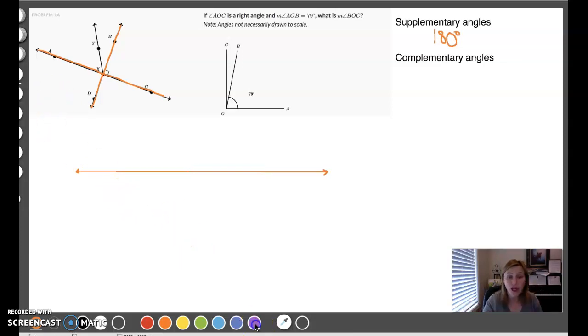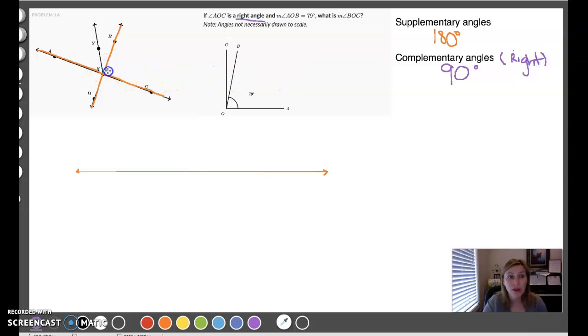Okay, complementary angles, we complement the right, and these ones are 90 degrees. Most of the time, it will tell you it's a right angle. So you know that these are right. They also have these little secrets in math that we use.